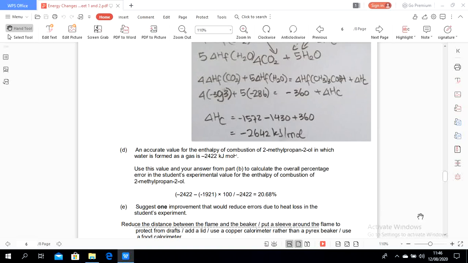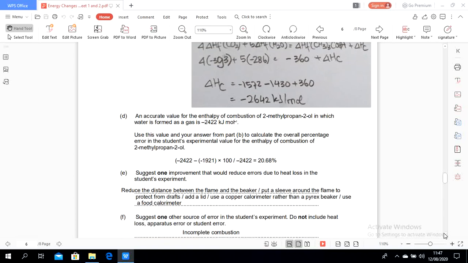Part E suggests one improvement that would reduce the errors due to heat loss in the students' experiment. We have to reduce the distance between the flame and the beaker. That makes the error quite high. The error of 20% is too high. It should be less than 1%.